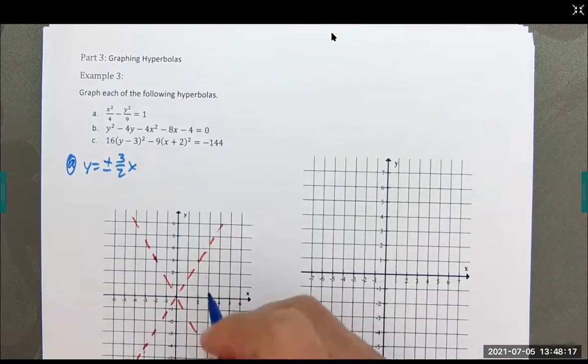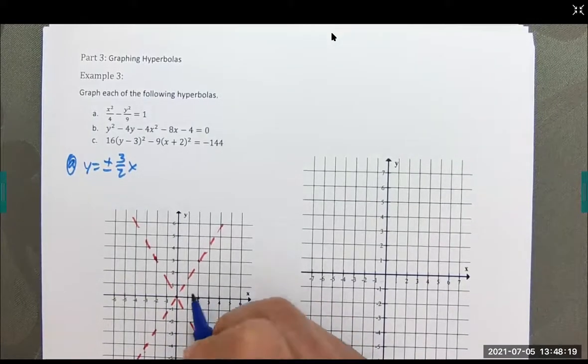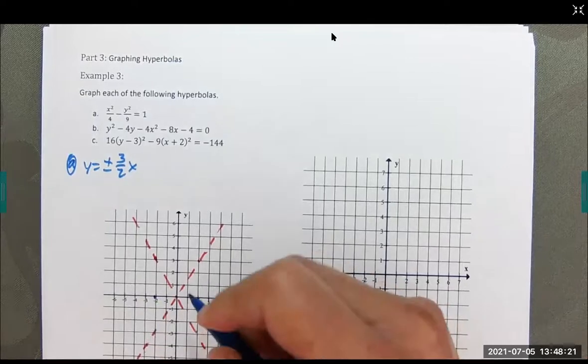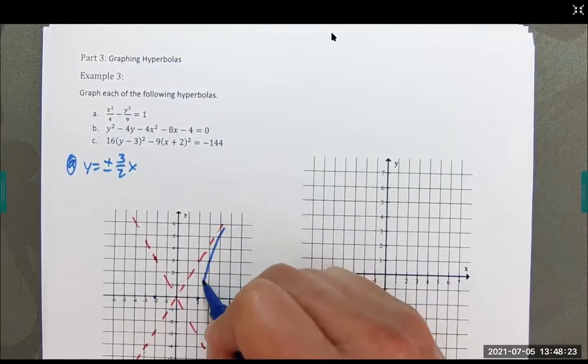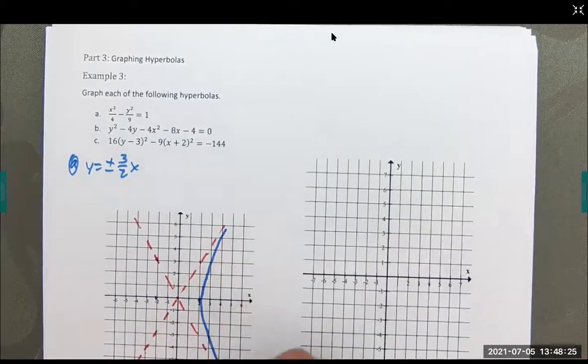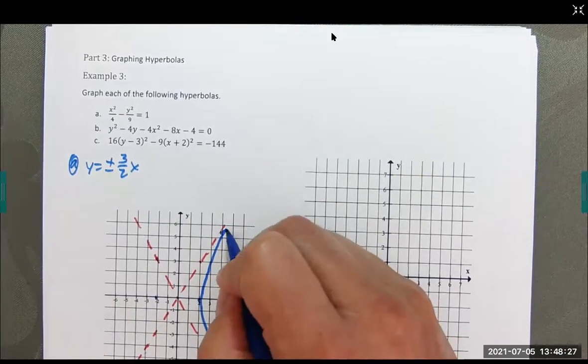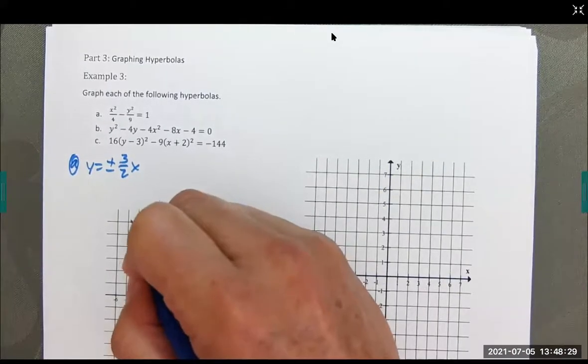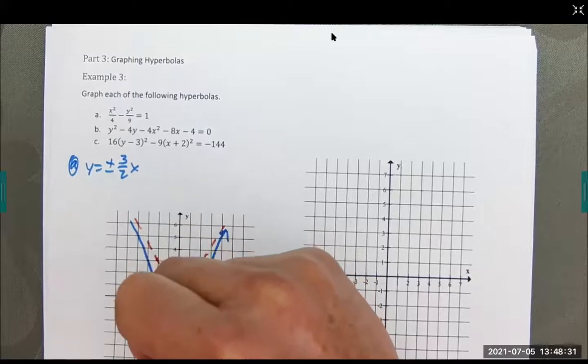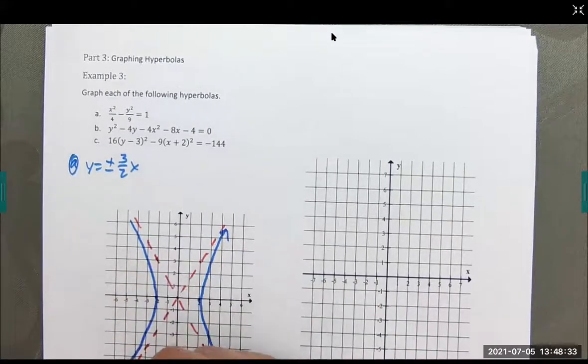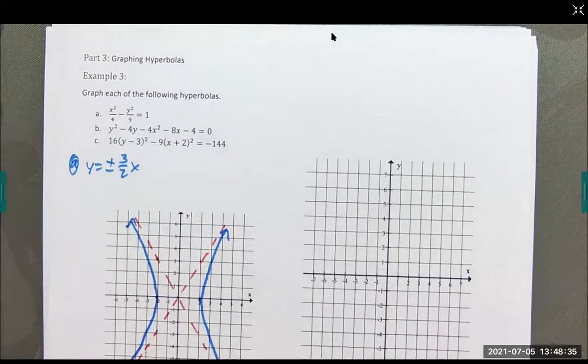So here's our actual 1, 2, 2. And so we're not going to get any closer than that. So the blue is the actual graph. So there's our first hyperbola that we've drawn.